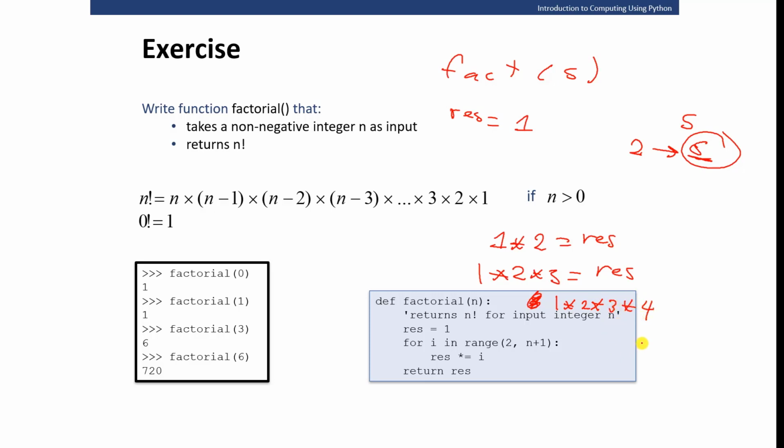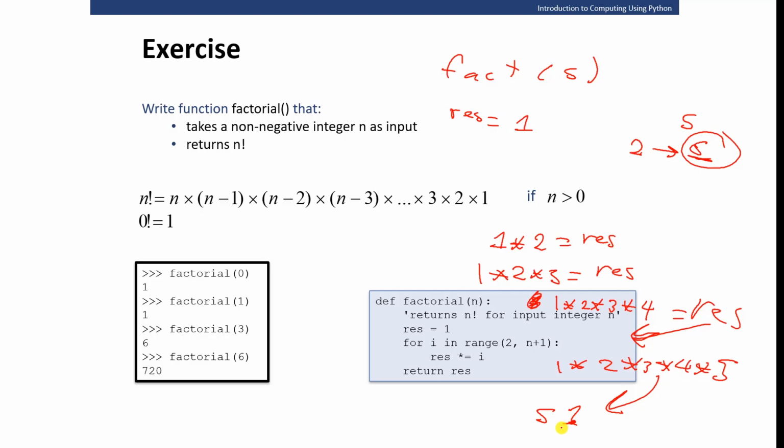At the final iteration, I'm going to multiply the value of result by 5, which is 1 multiplied by 2 multiplied by 3 multiplied by 4 multiplied by the new value of i, which is 5, and then I'm going to return it, which is basically the factorial of 5.